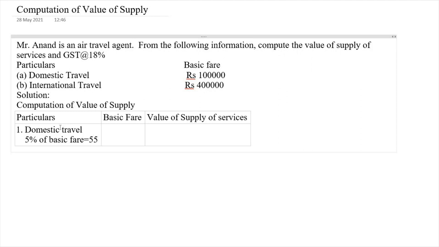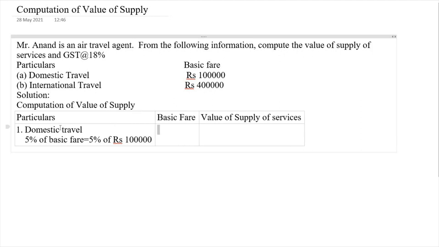So 5% of rupees 1 lakh, the value of supply comes to 5,000.